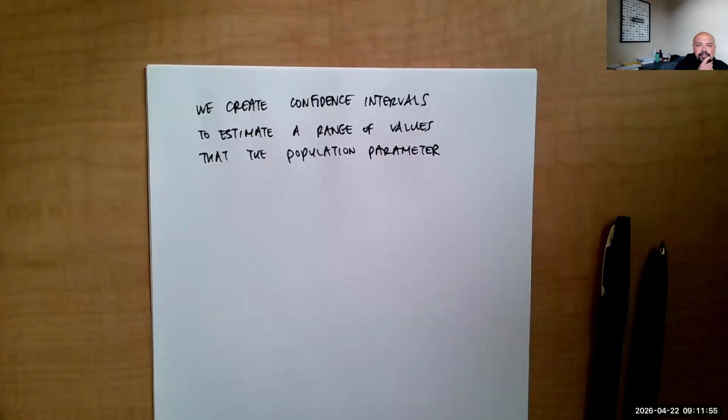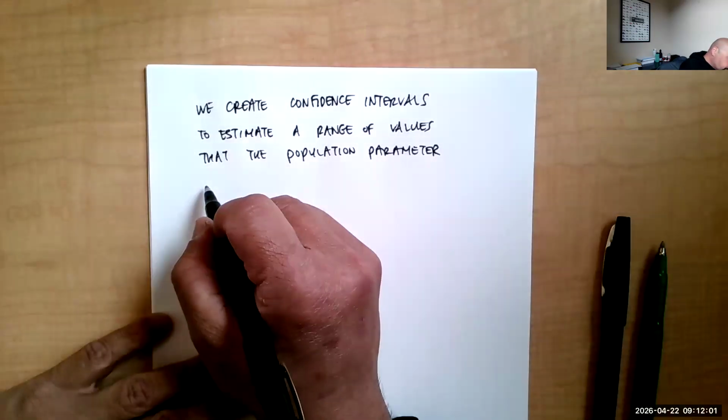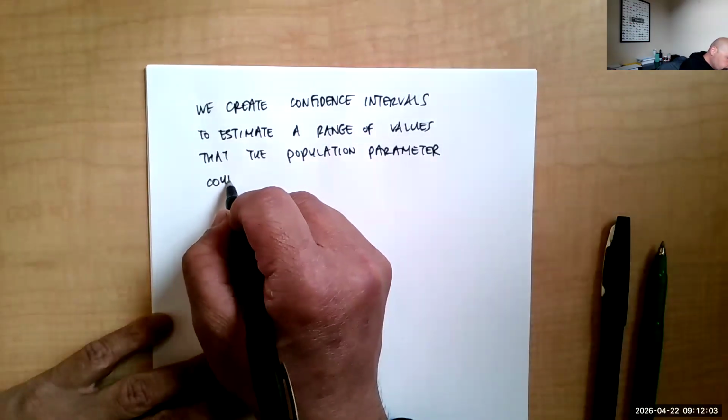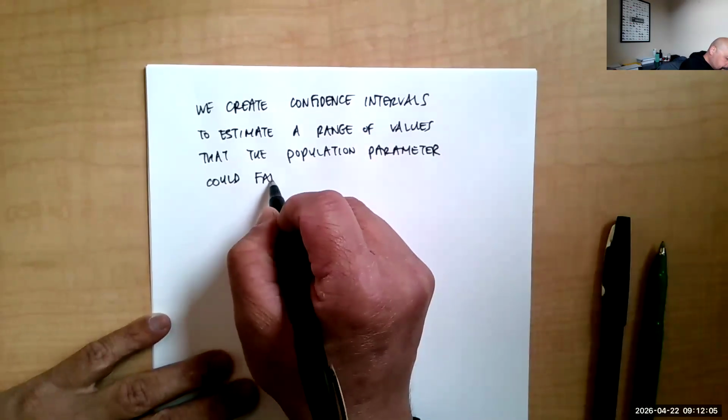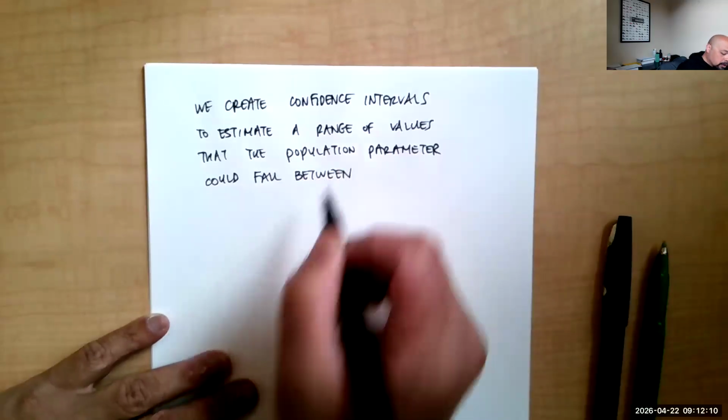We could also talk about standard deviation, that's sigma, but we get this range of values that the population parameter could fall between, could be equal to some value in between those values.